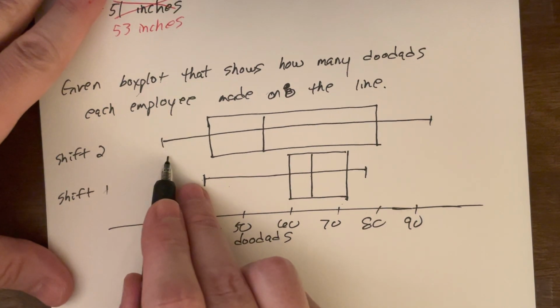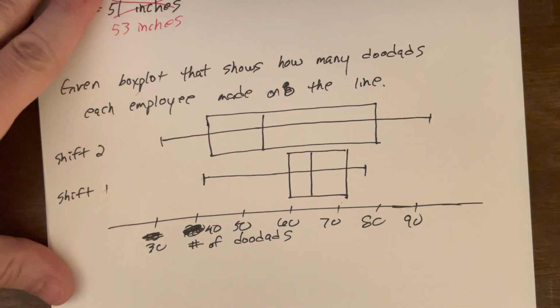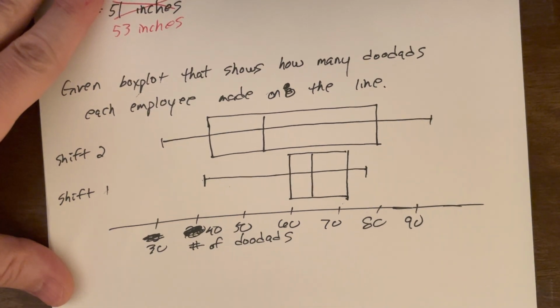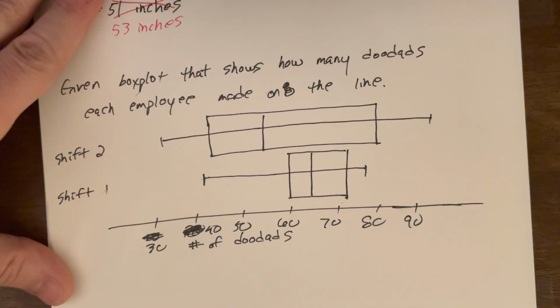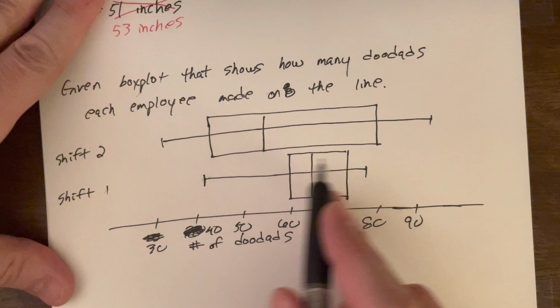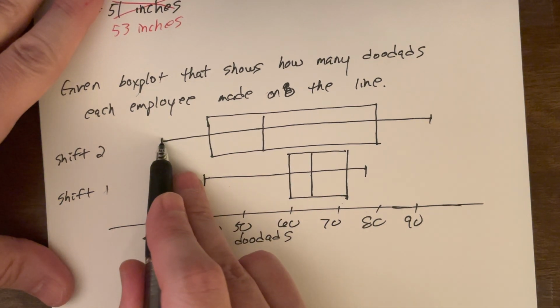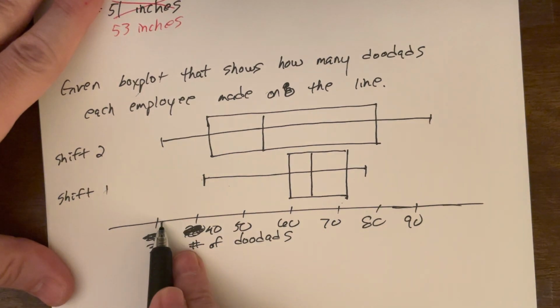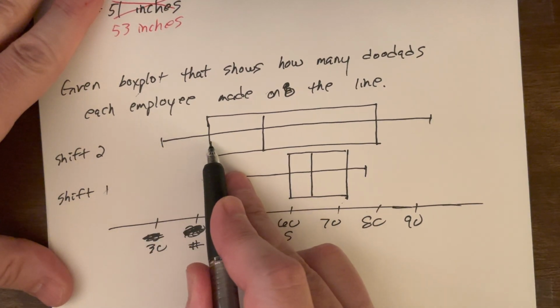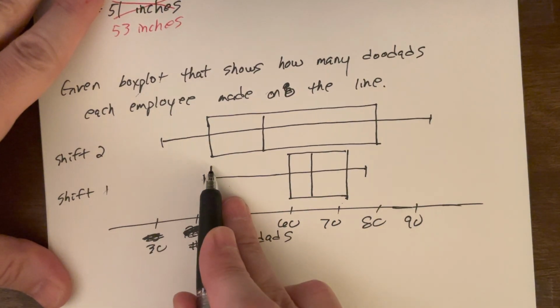But now look at shift 2. Remember, everybody, this is kind of like just reading a regular frequency table. We should all be able to get that understanding. I want to, again, really illustrate that. That's not speculation. That's just literally reading what the chart tells you. So now in shift 2, we've got some employees that make as few as 30 doodads, and 25% make between about 30 and 43.